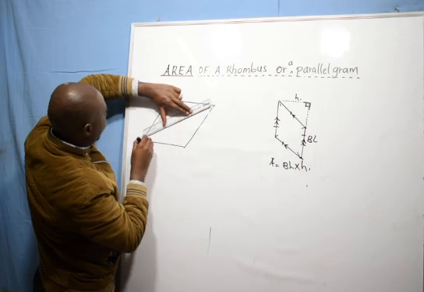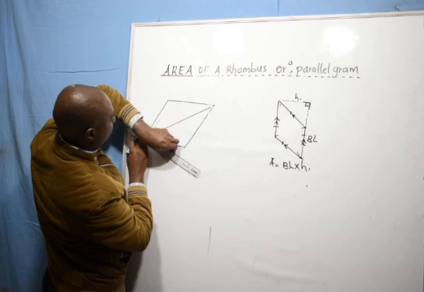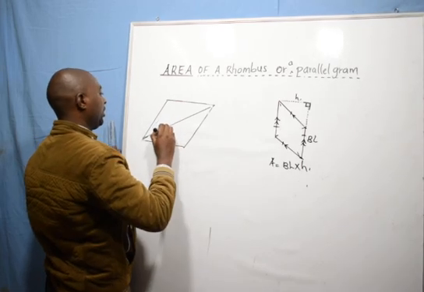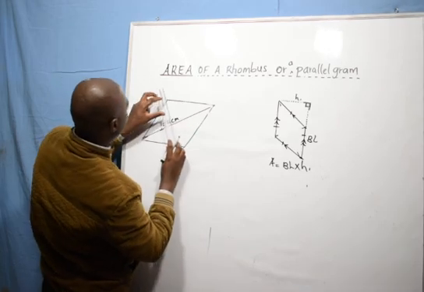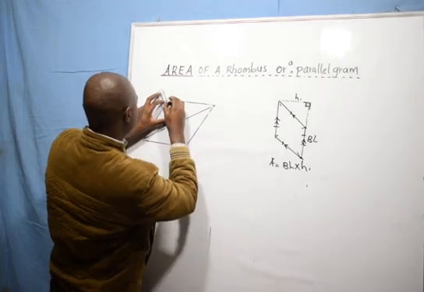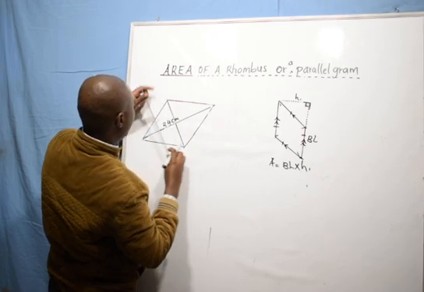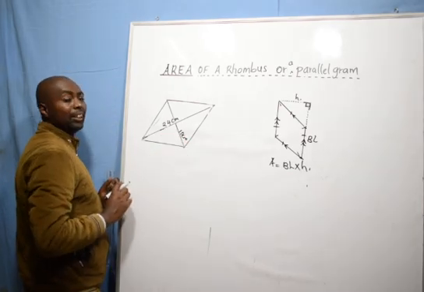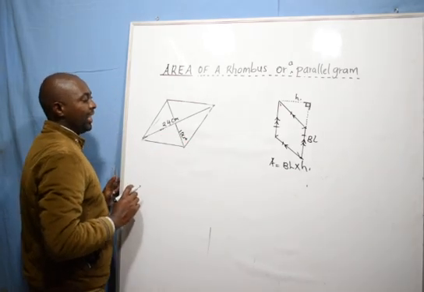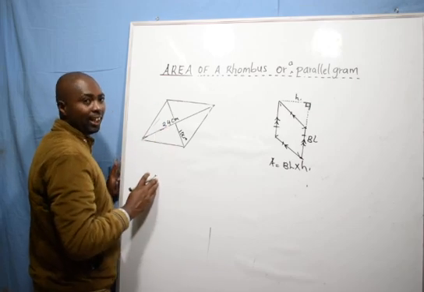You are given this diagonal as 24 centimeters, and you are given this diagonal as 10 centimeters. You realize that this is a rhombus and you are expected to use the diagonals.